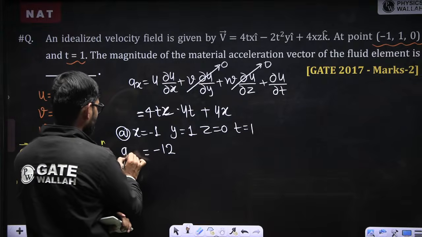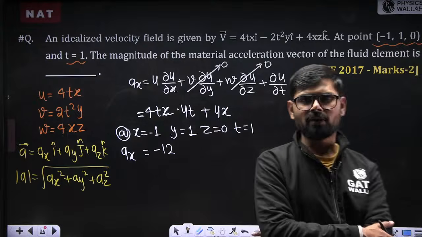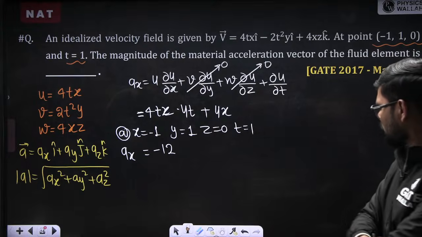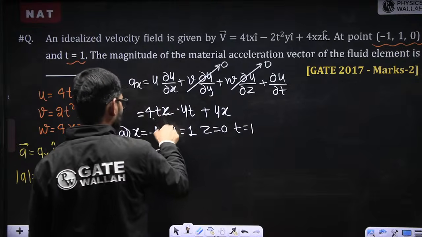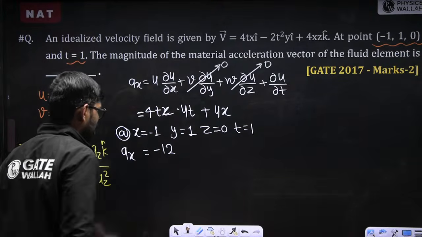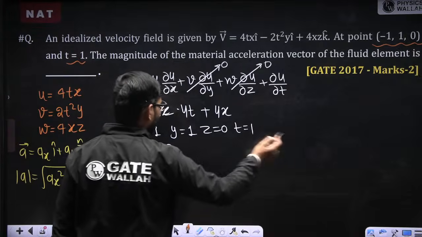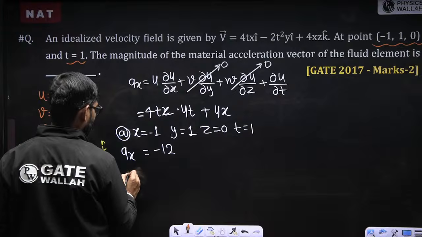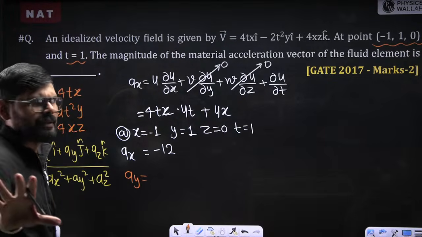AX value is minus 20. Check please. Because t value is positive 1 and x is negative 1. Similarly, AY, the same formulas are there. You people do the complete calculation.